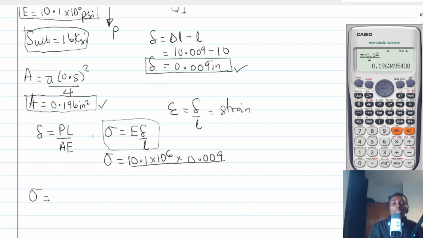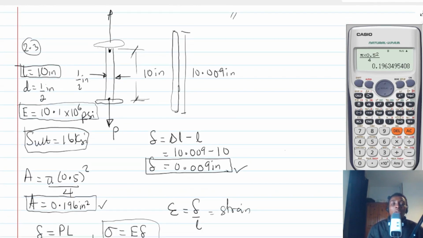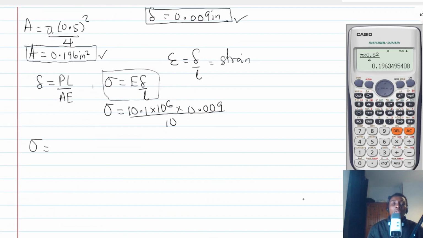So the stress induced, divided by the original length, which was 10, is going to be 10.1 times 10 to the power 6, multiplied by 0.009, divided by 10.